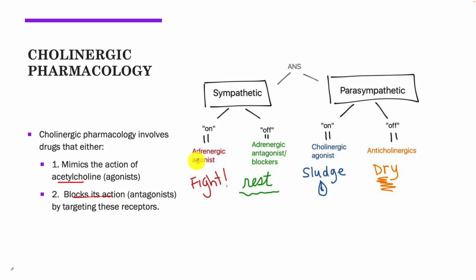So if we're talking about cholinergic agonists, and these things are going to accelerate the action, I want you to think of this word SLUDGE, and I'll tell you exactly what that means in a moment and what it does. Now, if we want a cholinergic antagonist, that's going to shut off those receptors. And I want you to think of the word DRY, so SLUDGE and DRY. And let's kind of look at this for a second here.